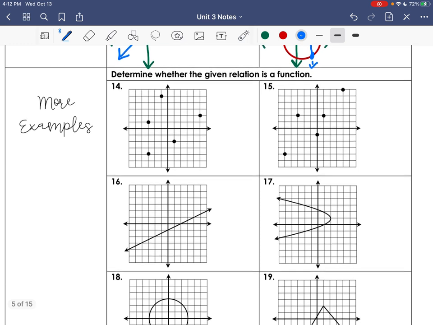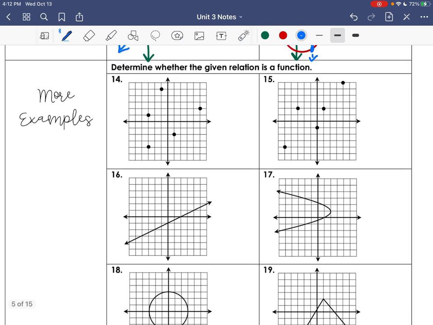Okay, so some examples of this are, we've got a couple of scatter plots. So sometimes scatter plots are functions, sometimes they're not. This one is not a function. And here's why. Because right here, that vertical line touches 2 of those points. So not a function. What about this one?